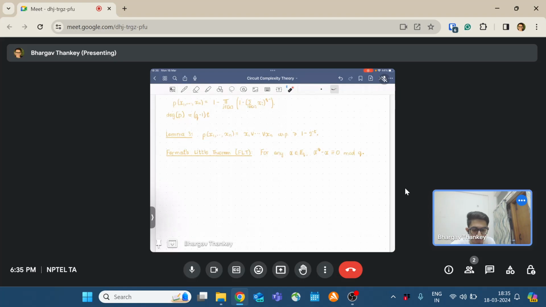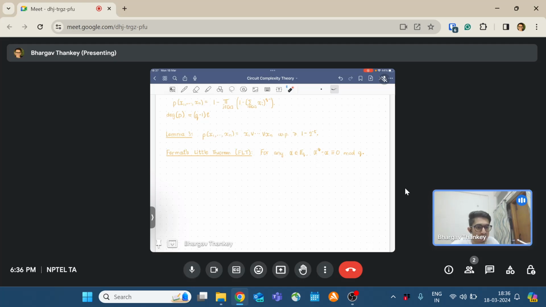And that you can prove using Lagrange's theorem, that every subgroup divides the size of the group. Pick any element alpha. The group generated by alpha is alpha, alpha square, alpha cube, and so on.